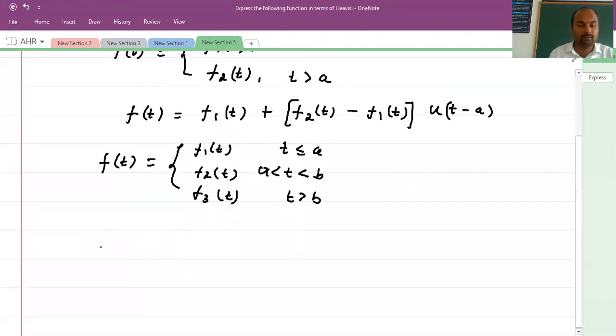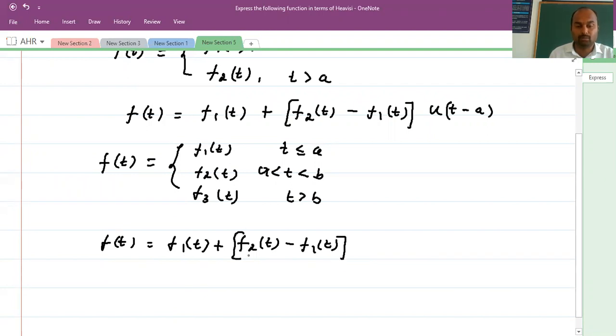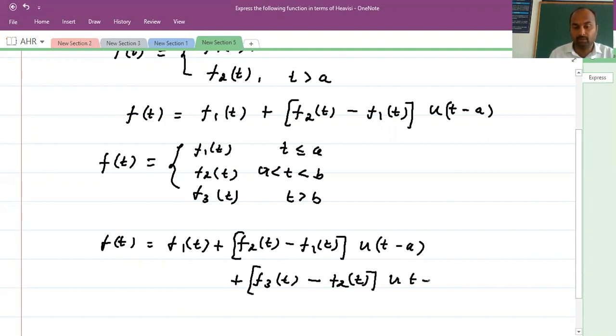In such a case, this function can be written as f of t is equal to, first write f1 of t plus, now f2 minus f1, that is f2 of t minus f1 of t, into u of t minus a, plus, now f3 minus f2, that is f3 of t minus f2 of t, into u of t minus b.